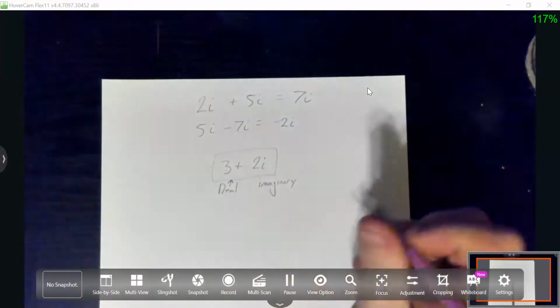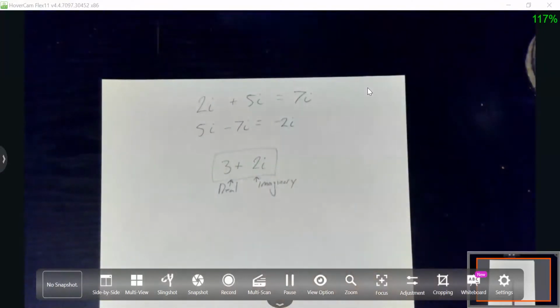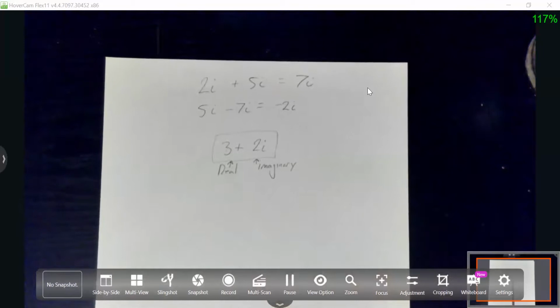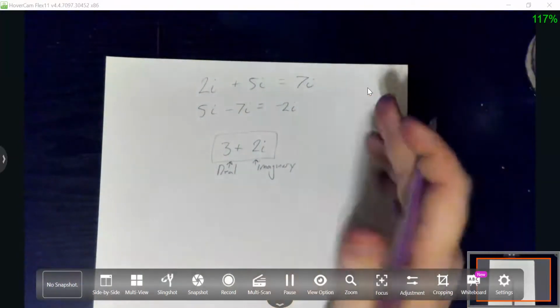Again, bad name. They're not imaginary, and there are actual real life applications for i's. We'll talk about one of them toward the end of this. So we have a real part and an imaginary part here, and they can't combine. They're not like terms. It's easiest to think of it as just like terms.